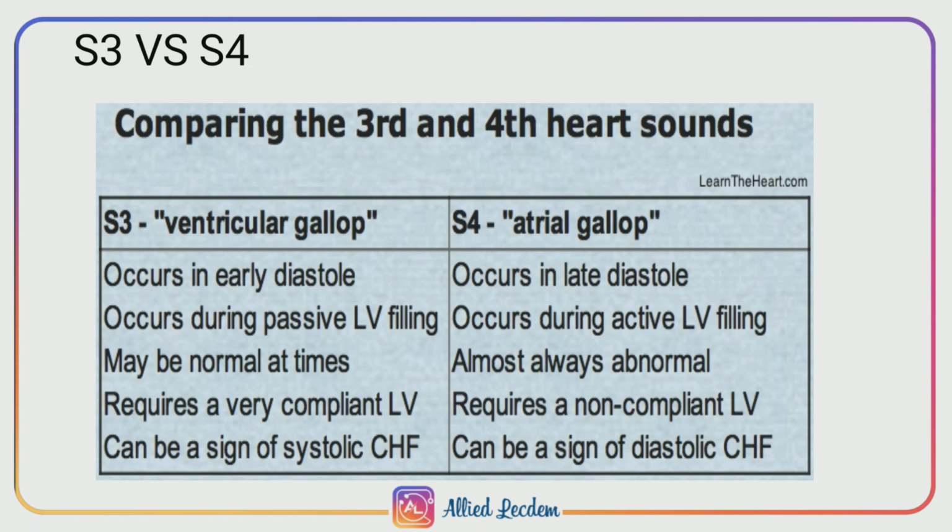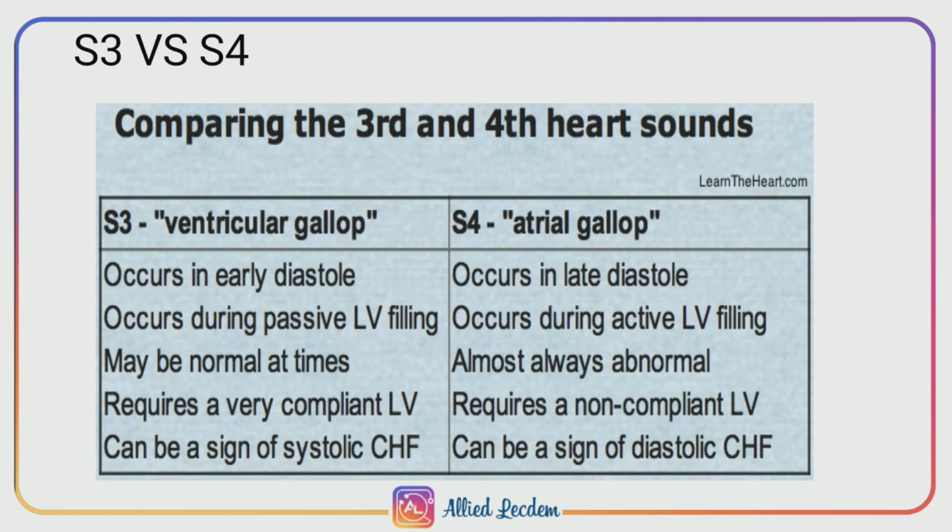Comparing the extra heart sounds. S3 is the ventricular gallop, S4 is the atrial gallop. S3 occurs in early diastole, which is the rapid filling stage. S4 occurs in late diastole, which is the atrial kick stage. S3 occurs during passive LV filling, S4 occurs during active LV filling.